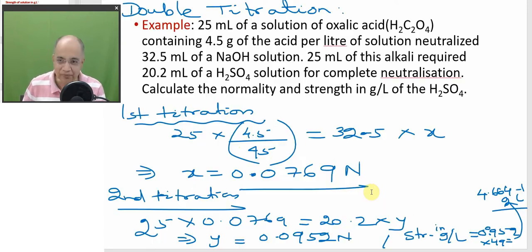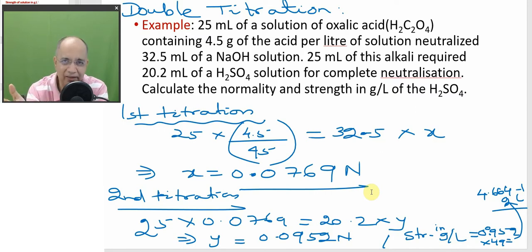So this is where we call it a double titration. That means you are given, say, an acid and you are asked to standardize it. Say, sulfuric acid of an approximate strength, say your examiner says it is approximately N/10.